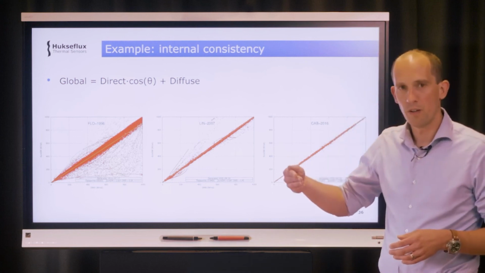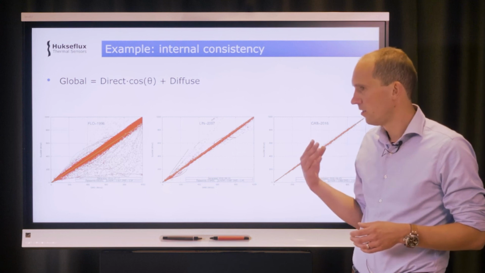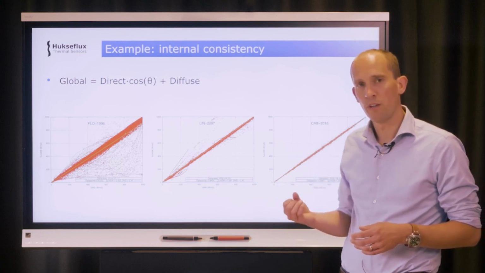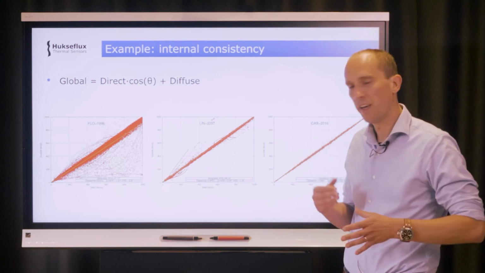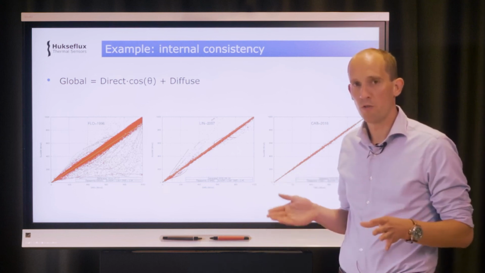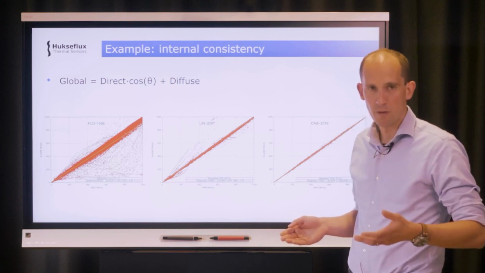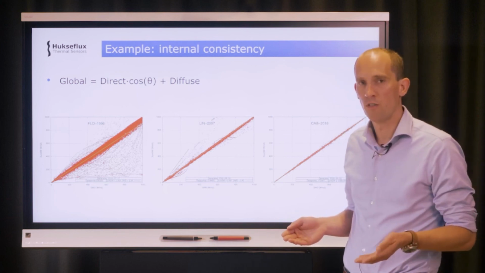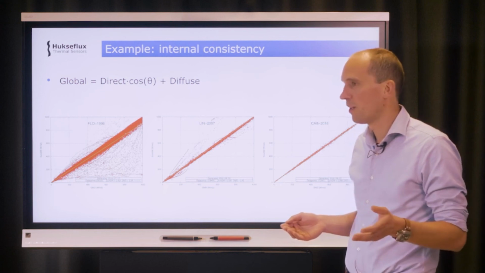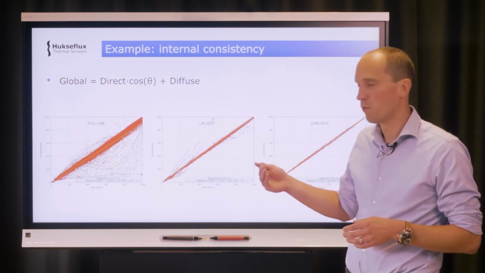Another example, the internal consistency. We talked about how the global measurement contains both the diffuse and the direct. Now, if you have a system set up where you measure all these three quantities together, as they often do in very accurate solar radiation stations or BSRN-like measurement networks, you can check these instruments for consistency.